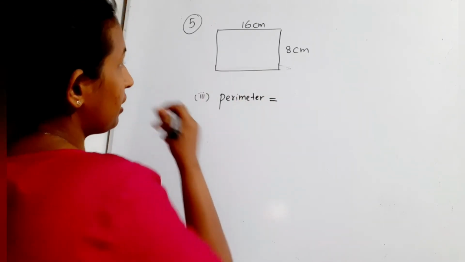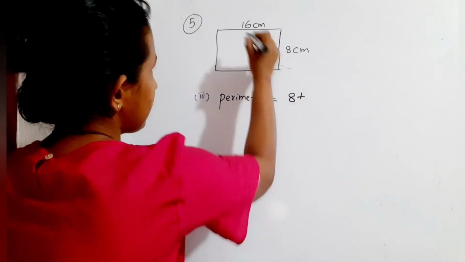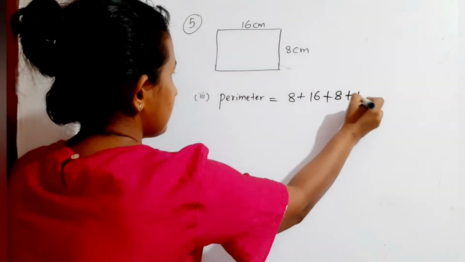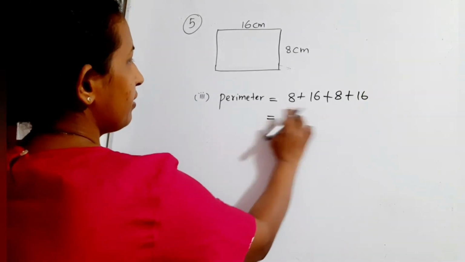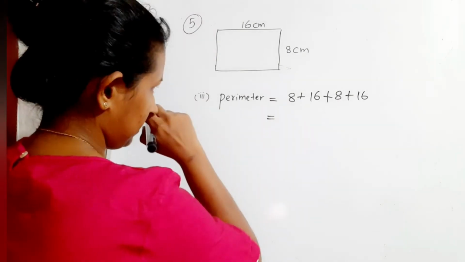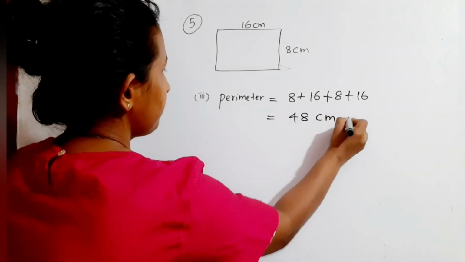So, you can add 8 plus 16 plus again here 8 plus 16. Then what is the answer? 48. 48 centimeters.